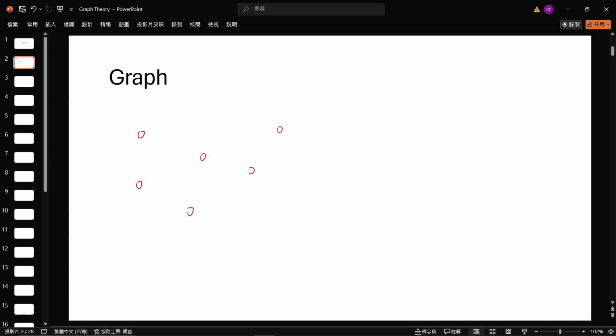And you have some line segments connecting these different dots or different circles, okay? Like this. And then you have a graph. So this is one graph. And you can also have a graph like this. This is also one graph.